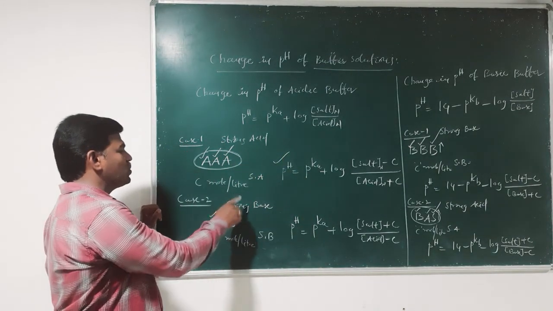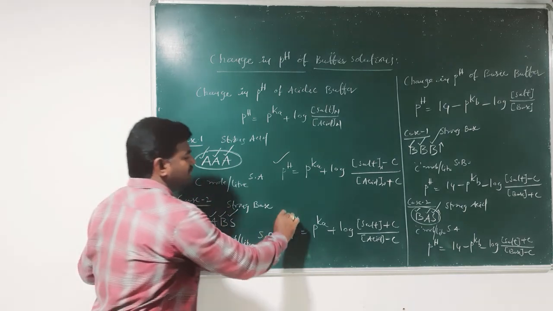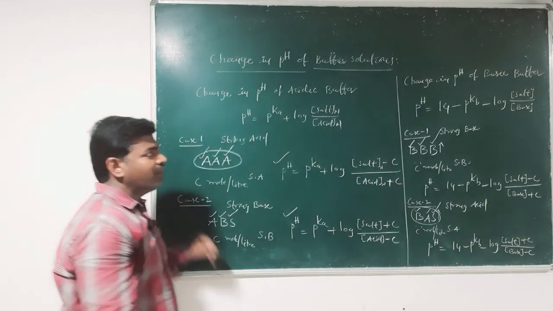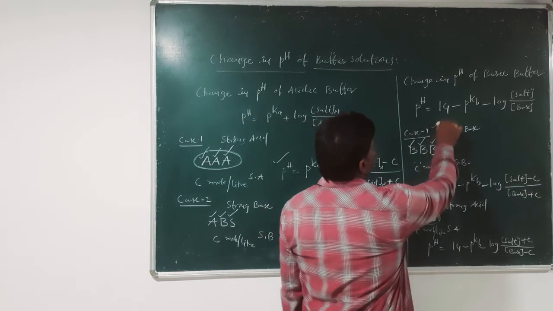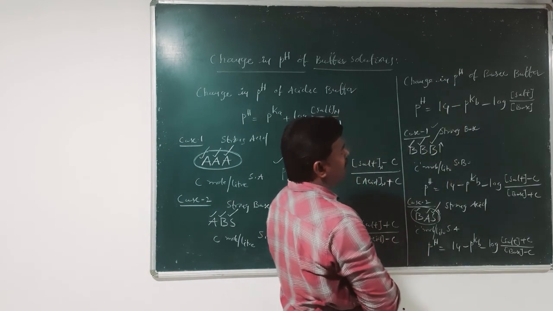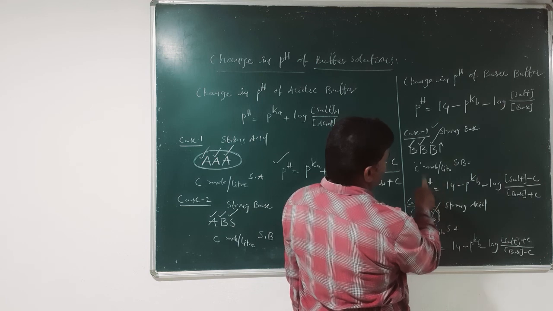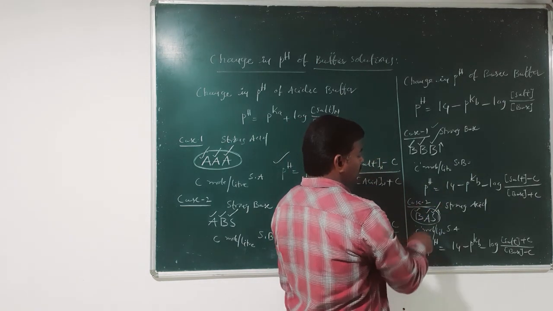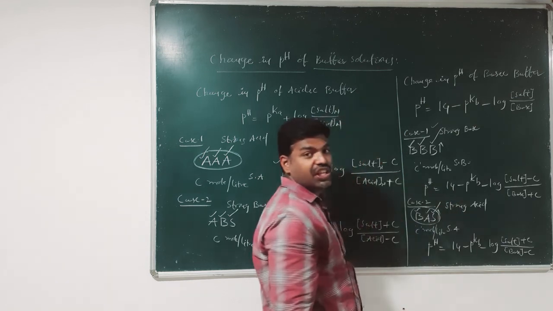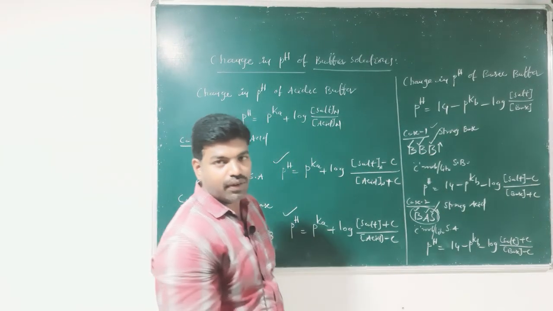When we add strong base to acidic buffer, this is the equation for change in pH. When we add strong base to basic buffer, this is the equation, and if we add a strong acid to basic buffer, this is the equation for change in pH.